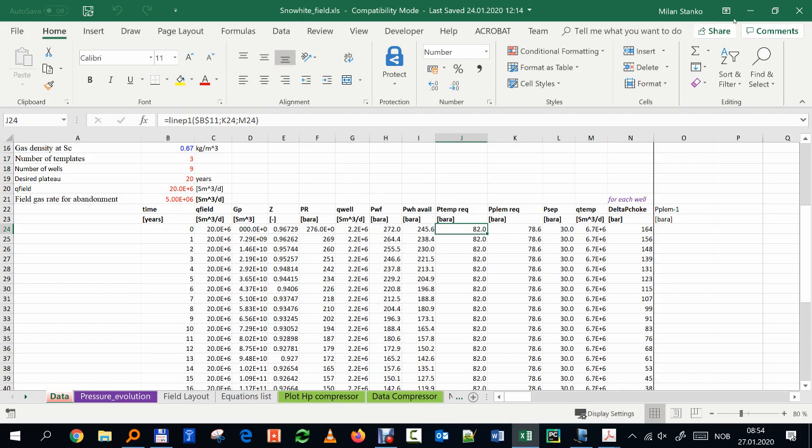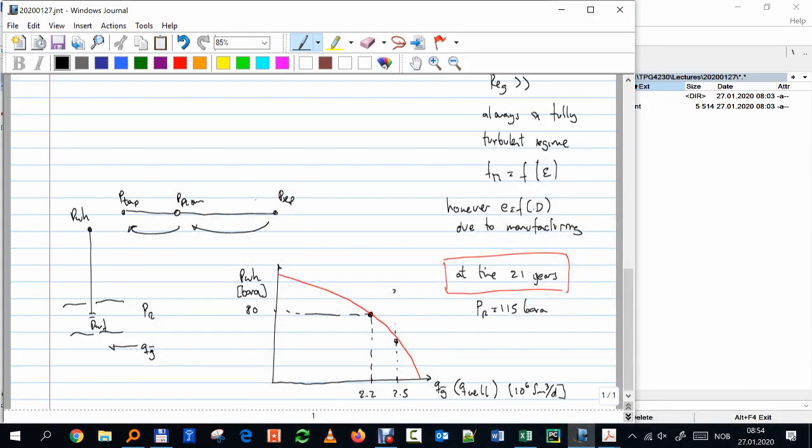That rate, okay, here it's a bit confusing, that system, because we have here a field rate and here we have a template rate. So you cannot make a plot exactly like this, okay? But you know that in our case, Q field is equal to 3 times Q template is equal to 9 times Q of the well, okay?